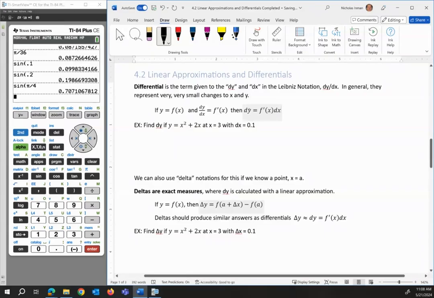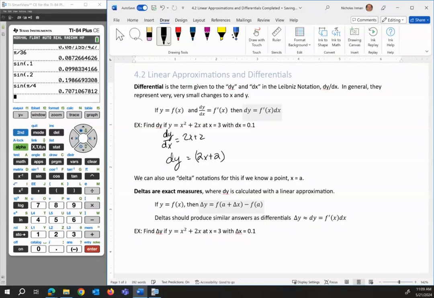Okay, so if we have y equals x squared plus 2x, and you take the derivative, you can then kind of move this dx to the other side. dy is 2x plus 2 times dx.